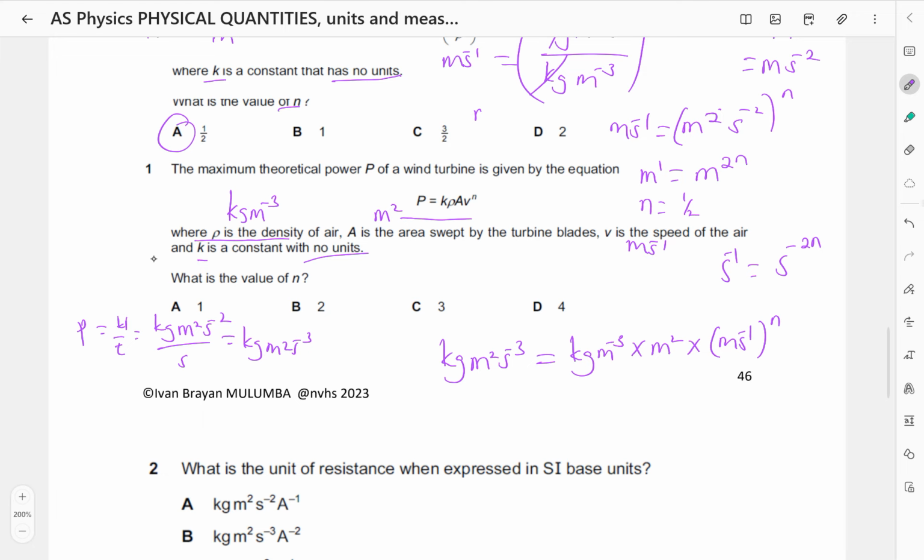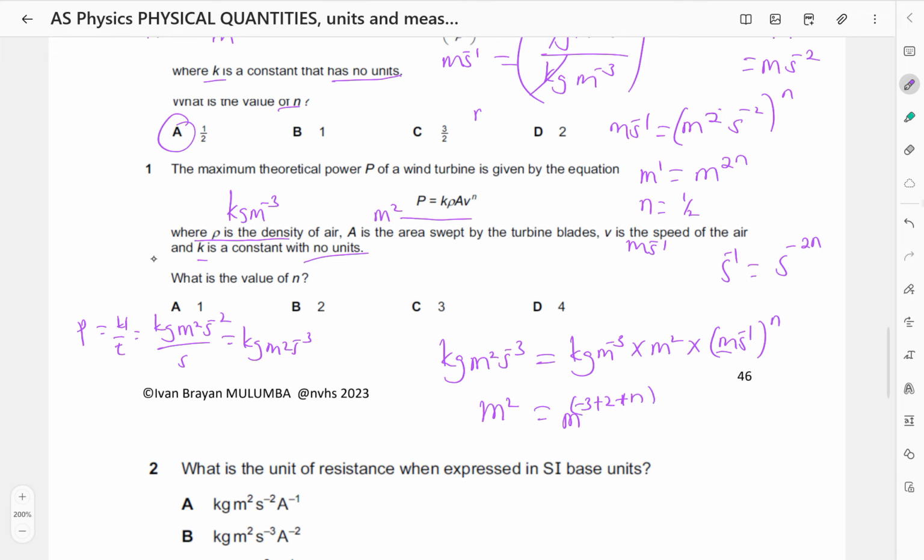So I'll just look for either m or s. On the left hand side I have m squared. Then on the right hand side I have m power -3 times m power 2 times m power n, so I simply add the powers.